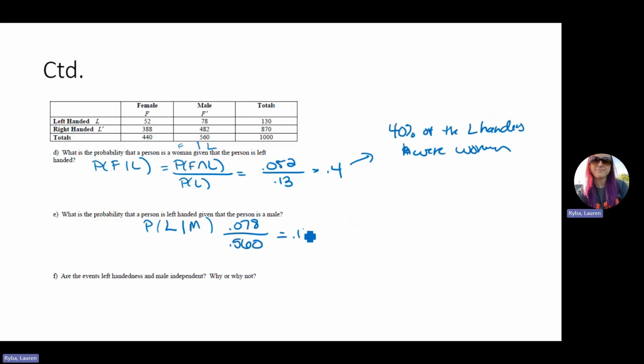So let's see, that's going to be 0.139. So what this is telling me is about 14% of the males are left-handed, meaning the remaining 86% are right-handed, because I'm only looking at males. So 14% left-handed, 86% right-handed.